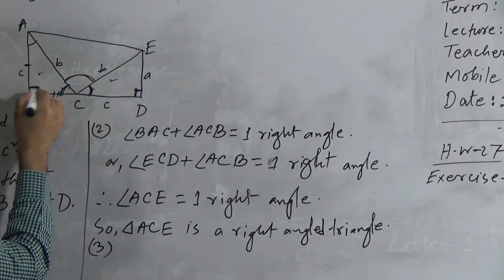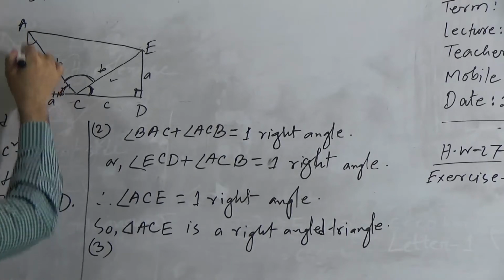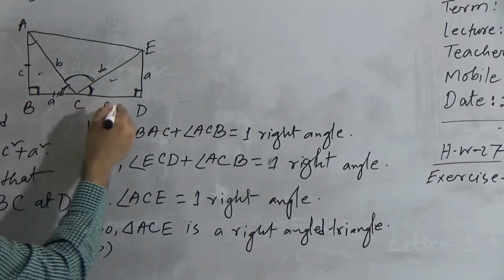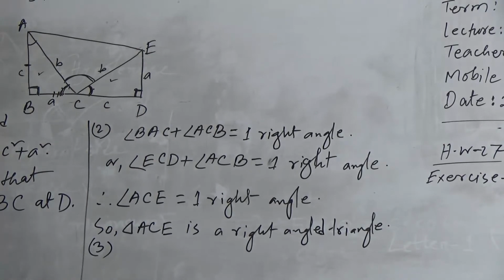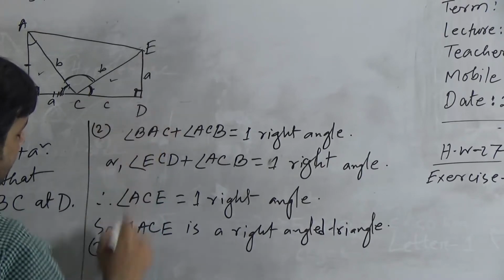Now see, consider here AB perpendicular to BD and ED perpendicular to BD.